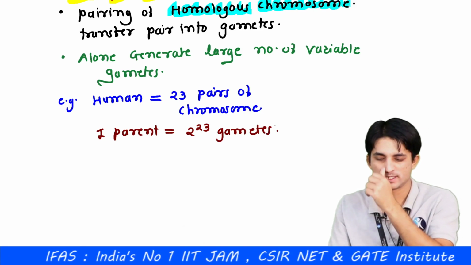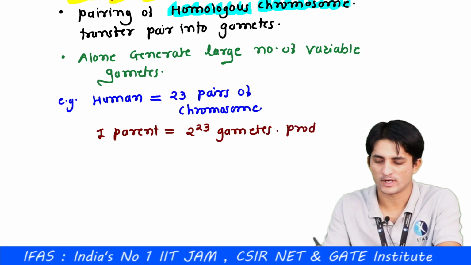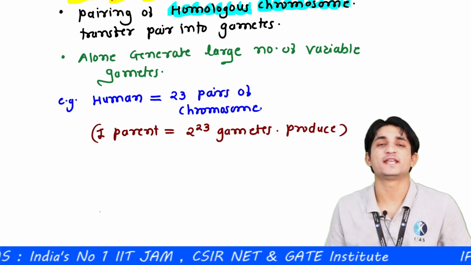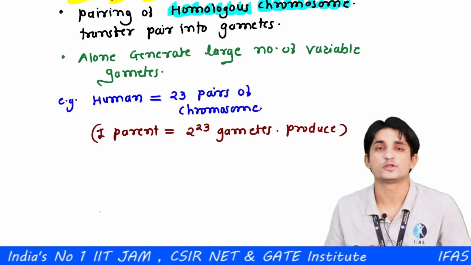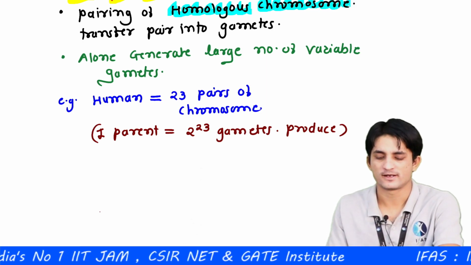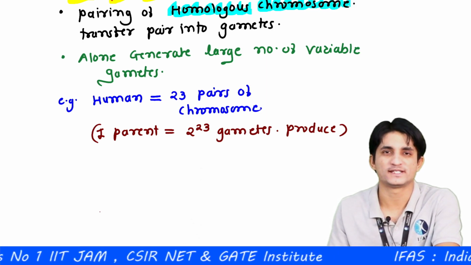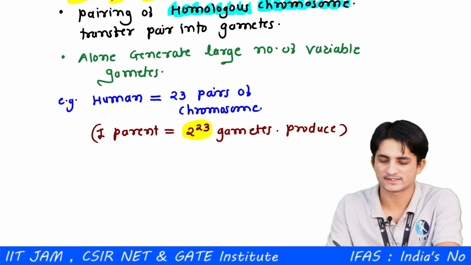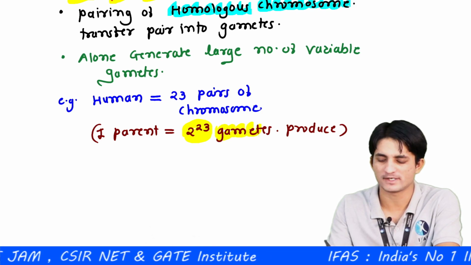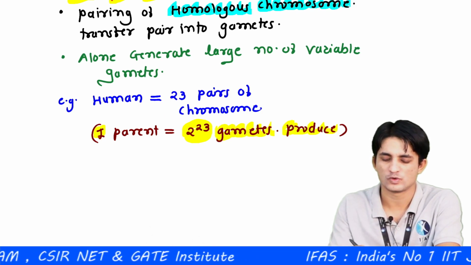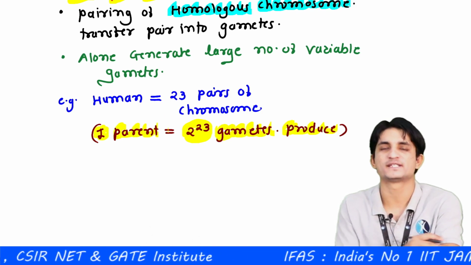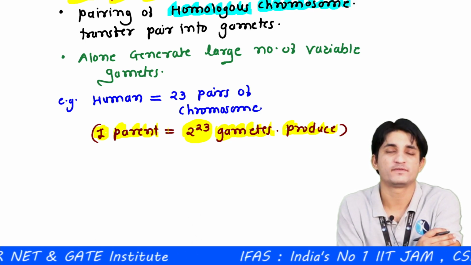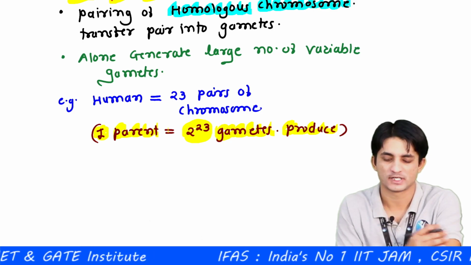So from one individual, 2 raised to 23 gametes are produced in humans. Now how are these different variable gametes produced by a single individual?